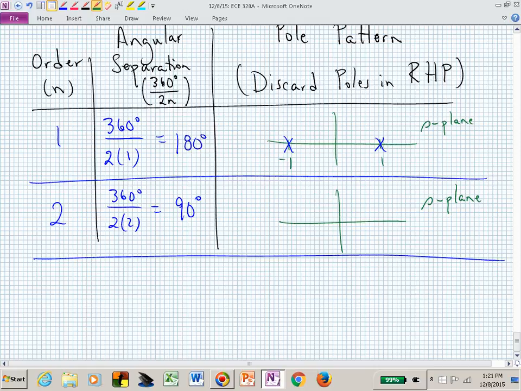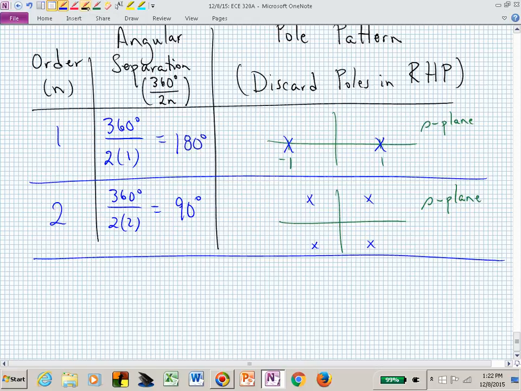And if we rotate all of those 45 degrees, they still all remain 90 degrees apart, and I now have 2 in the left half plane and 2 in the right half plane. So that I now have this picture. You have a pole here, a pole here, a pole here, and a pole here.